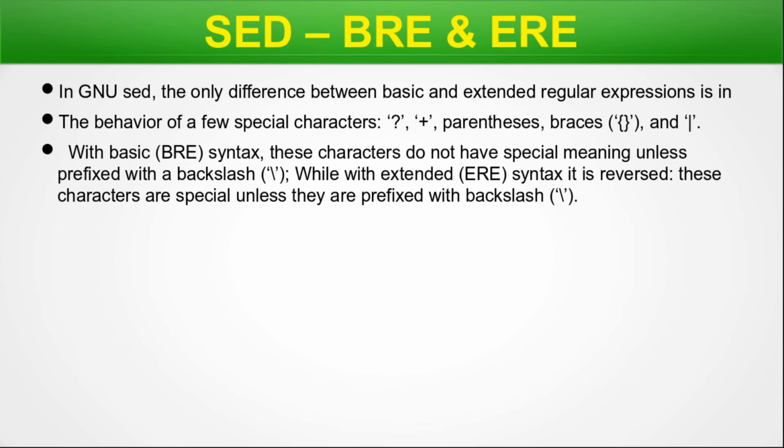There the characters are special unless they are prefixed with a backslash. So we mentioned these special characters in the previous slide too. For these special characters in BRE we have to accompany a backslash first, but in ERE we do not have to do that.